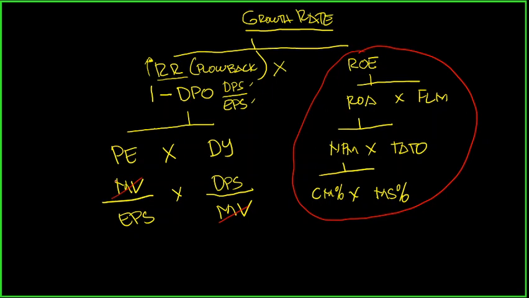What's unique about this part is the presence of market value. Because as we all know, the market value of the stock is dictated, going back to economics, by the interrelationship of demand and supply. This is your equilibrium point.